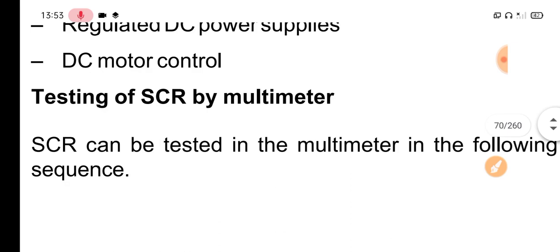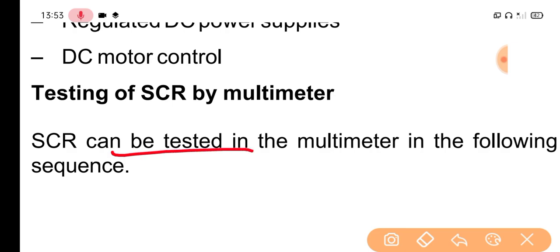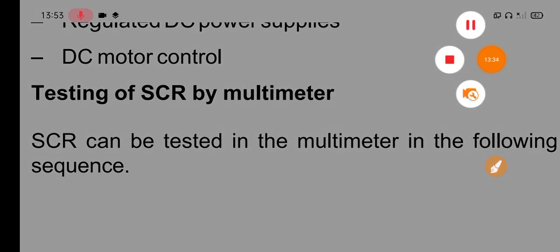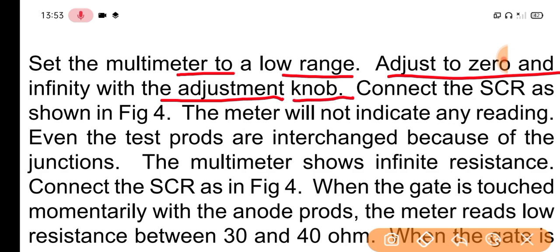Testing of SCR by multimeter. The SCR can be tested with the multimeter in the following sequence. Set the multimeter to a low range. Adjust to 0 and infinity with the adjustment knob. Connect the SCR as shown in picture 4.